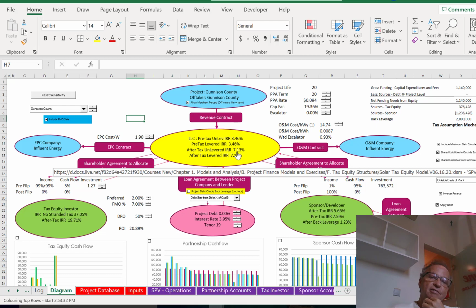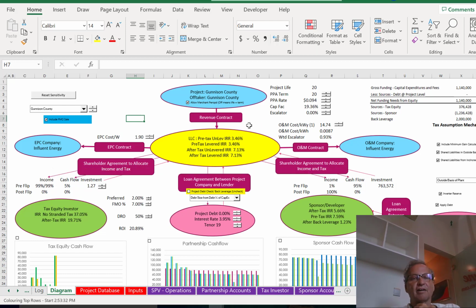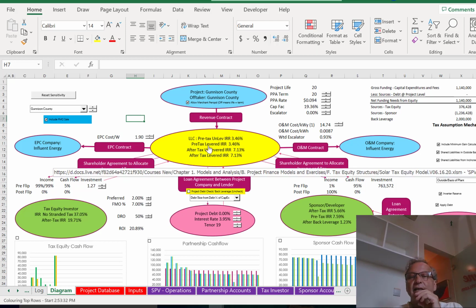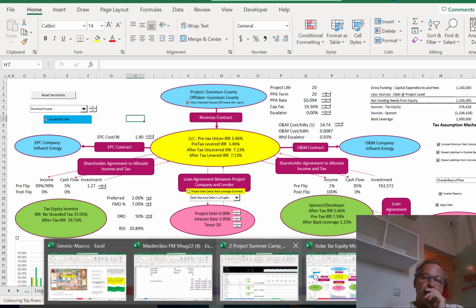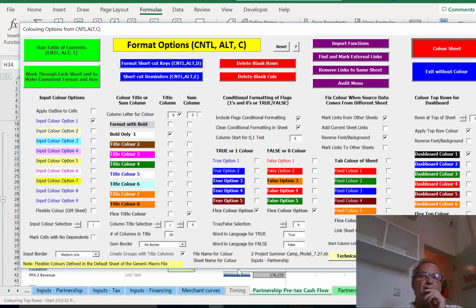This should say after-tax hypothetical unlevered IRR because you don't actually get it, because the taxes go down to these two partners, and we split the taxes and the cash flow on a different basis between the two partners, and we can sell the asset and go forward. So that's where we're going, and let's go back to our model.